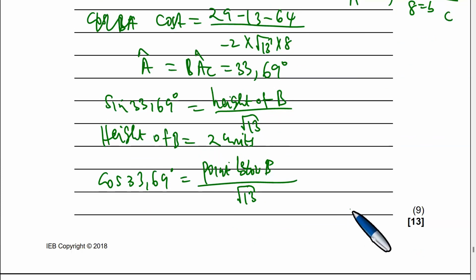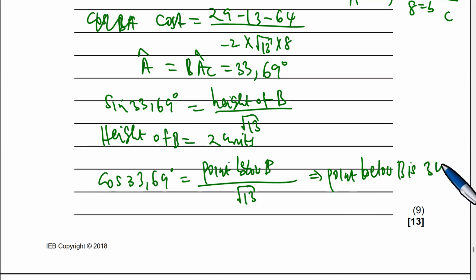Right, and you use a calculator, which means the point below B is 3 units. If you take this cosine times the square root of 13, you get 3 units.